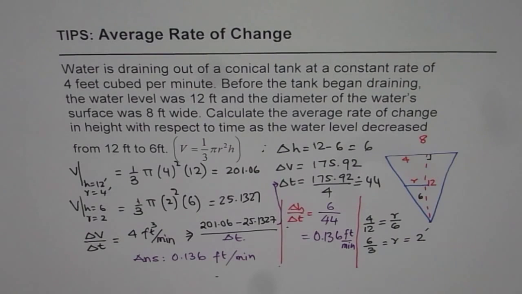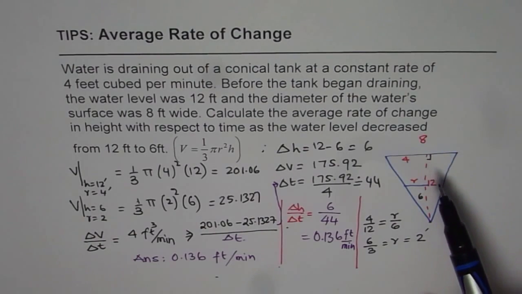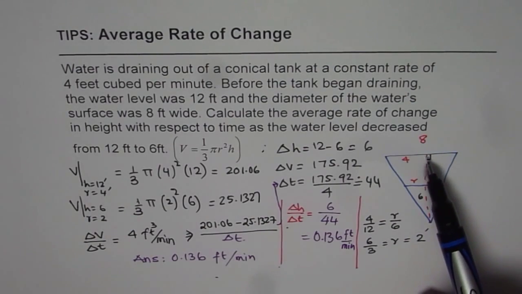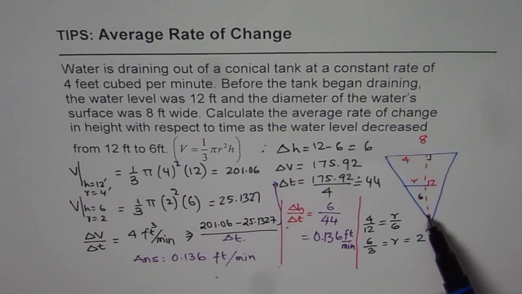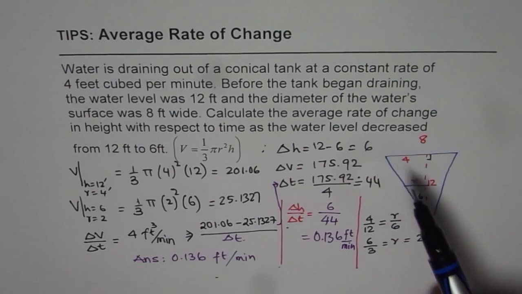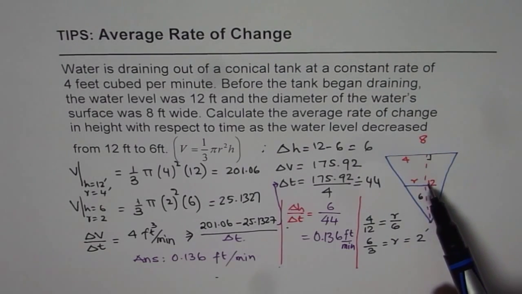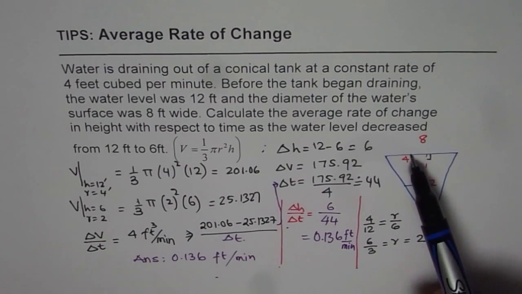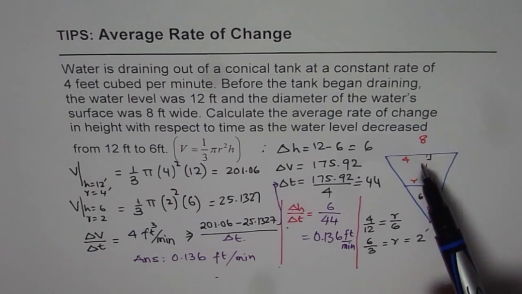First step is, in any word problem, sketch and figure out what you have, what you need to find. Since we knew for 12 height the radius is 4, we found for 6 it will be 2, 1/3 of the height. That is how they are related. So we found the radius. Knowing radius and height, we could find volume in two cases, when the height was 12 and when the height was 6.